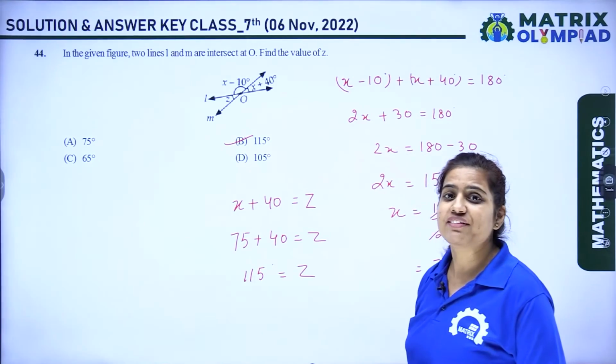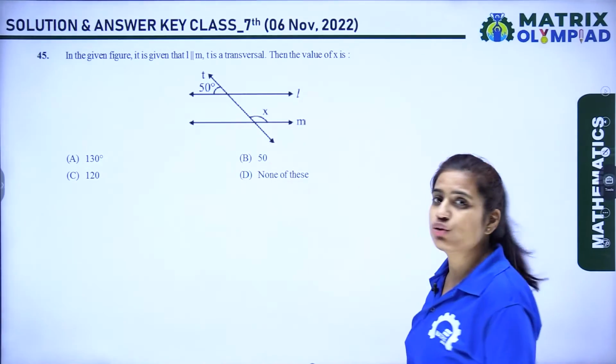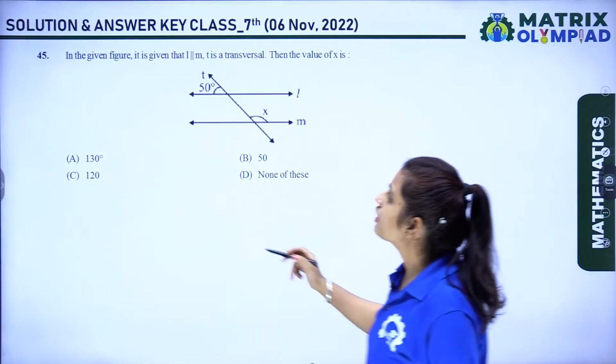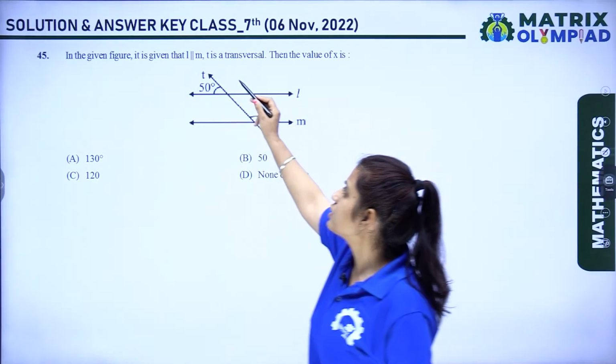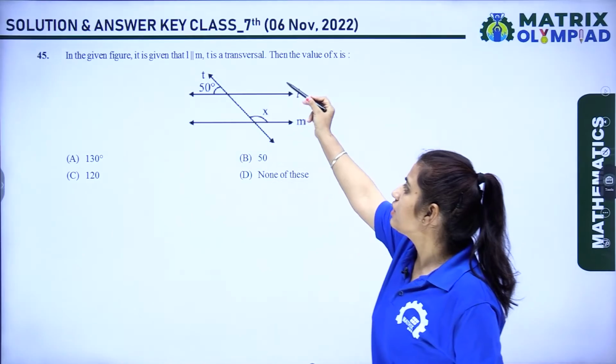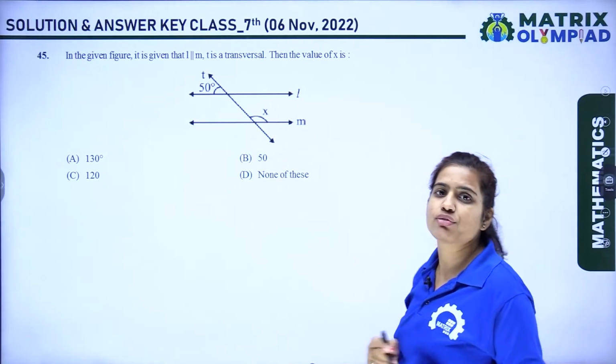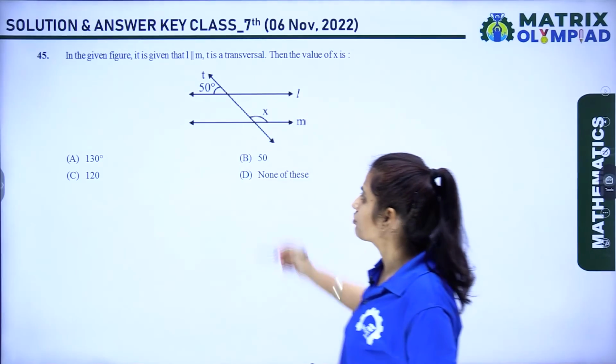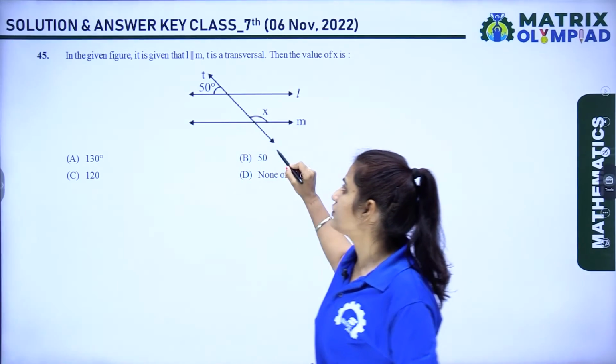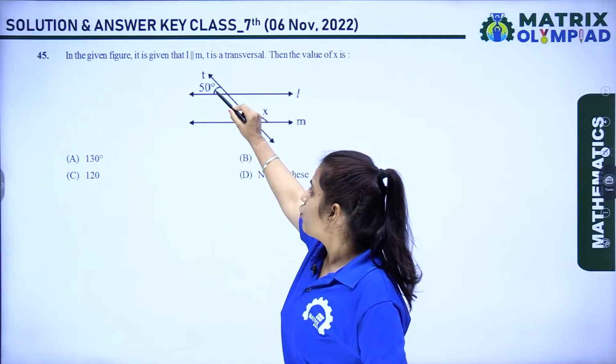Now let's begin with the next question. Next question is 45. In the given figure, it is given that L is parallel to M. T is the transversal. This is the transversal line. Then the value of x is. Now we have to find out the value of x here. We know that T is a transversal line. So here it is forming 50.